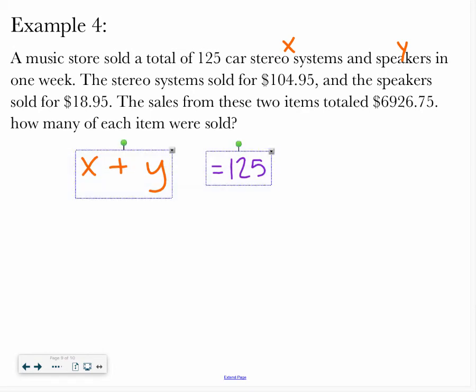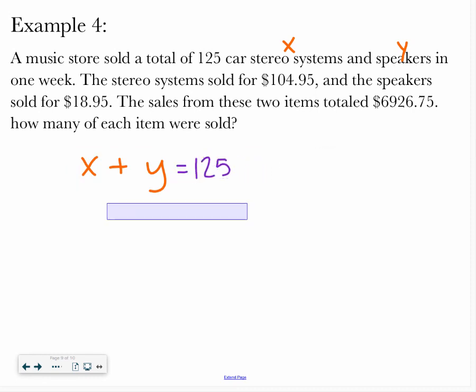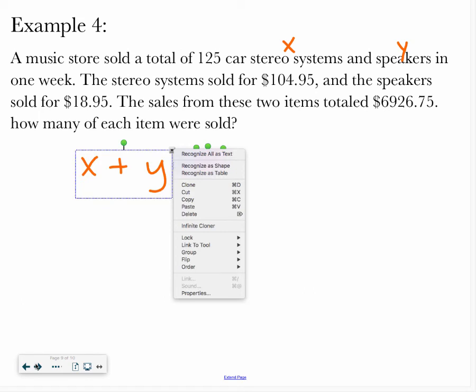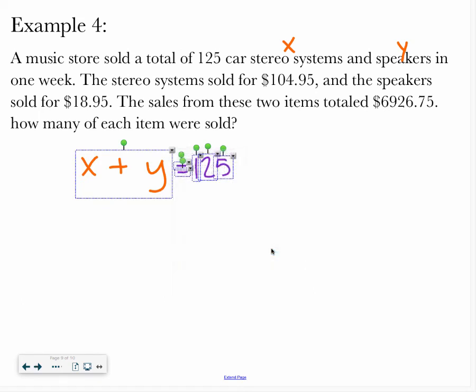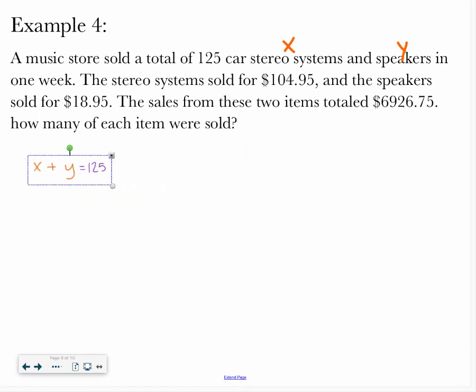So if I look at that, that is my first equation. As simple as that. It usually gives you how many of something were sold, and that's going to be something plus something, or something minus something, equals a number they give you.